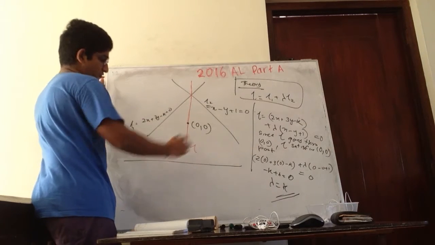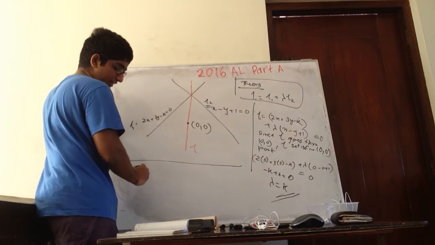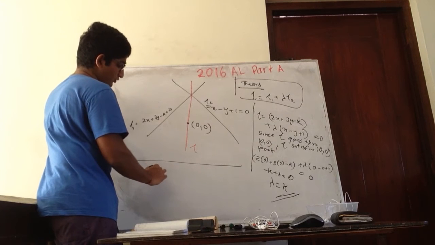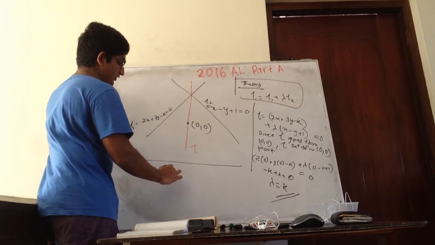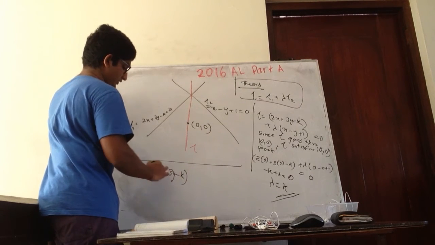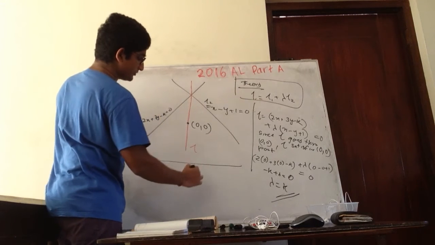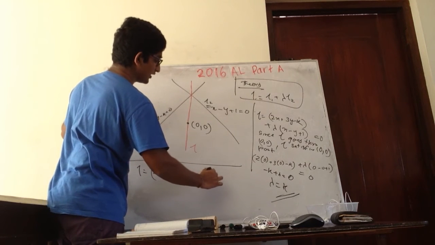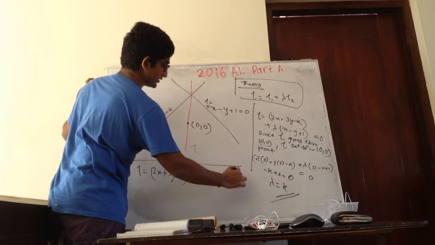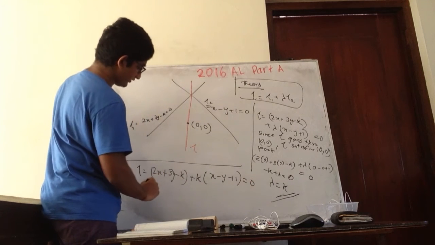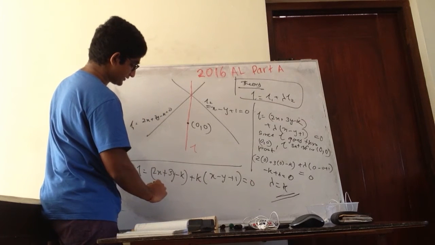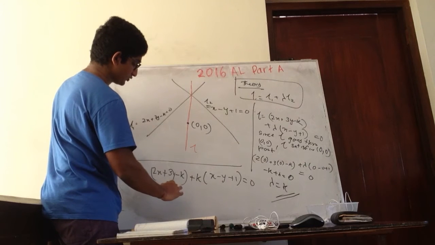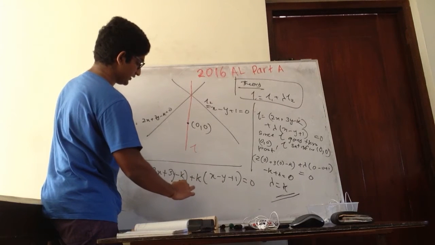So now I'm going to write what L is. L is 2x plus 3y minus k. So now lambda is basically k, no? k times x minus y plus 1. So then I will get what? If I take x out, 2 plus k.